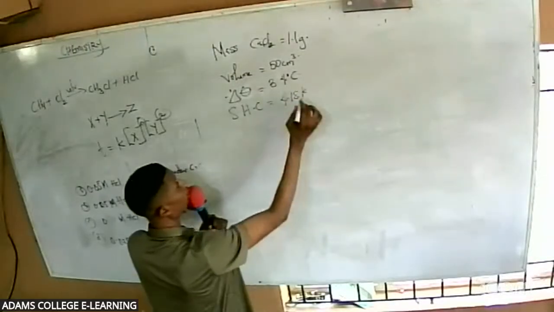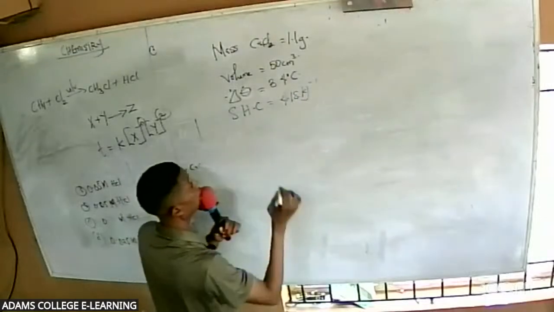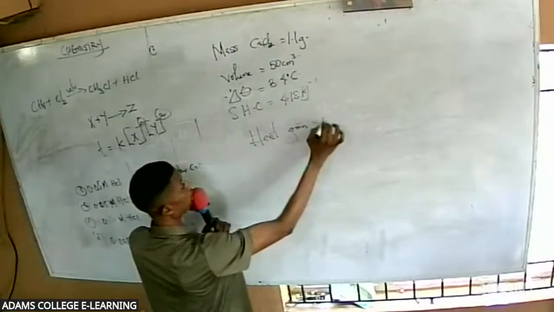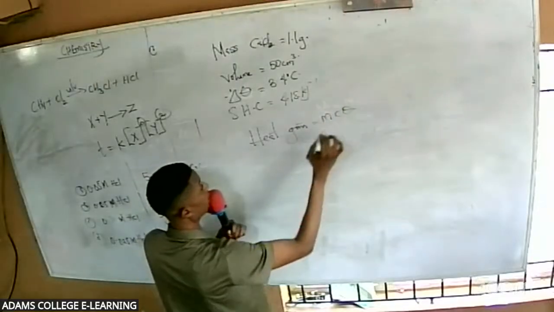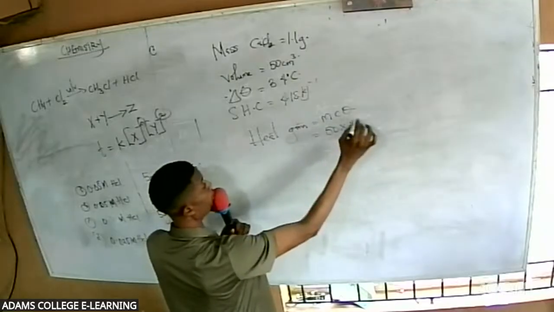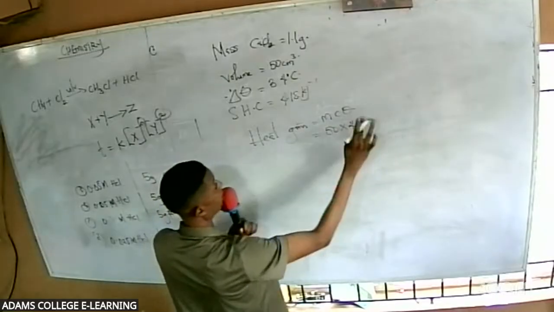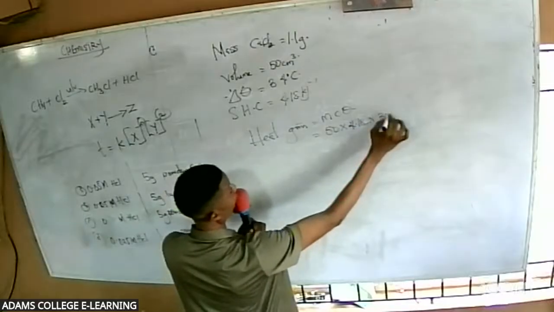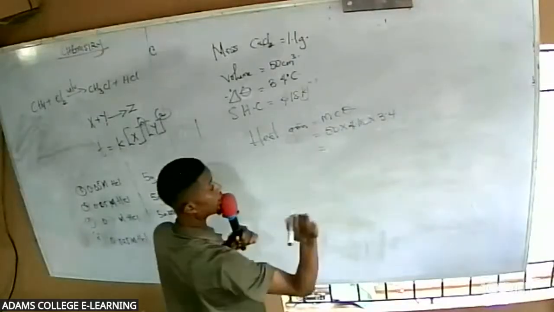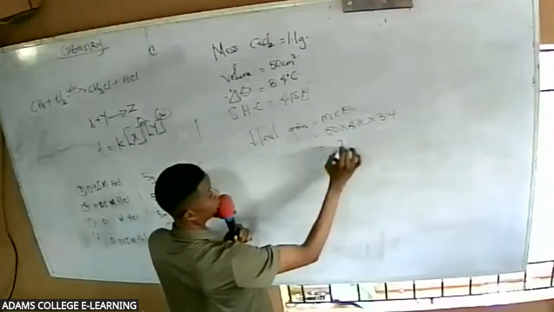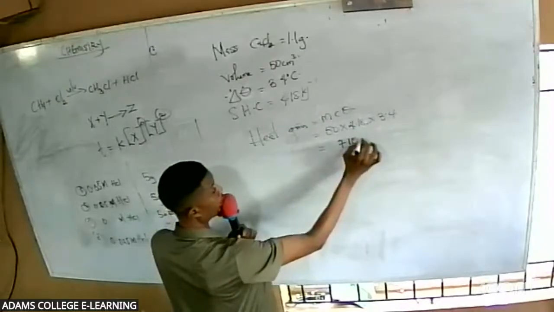Now, can we calculate the heat? The heat gain is equal to MC theta, which is 50 multiplied by 4.18 multiplied by 3.4. What did you get? 710.6.